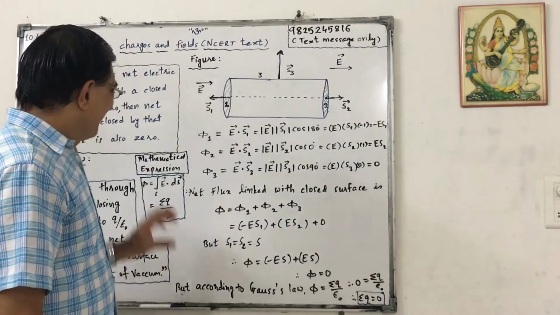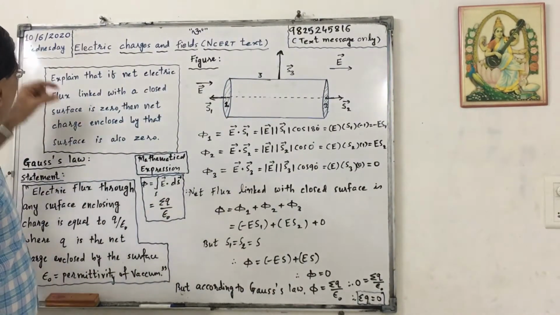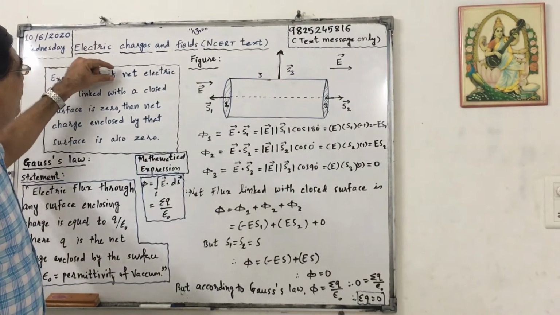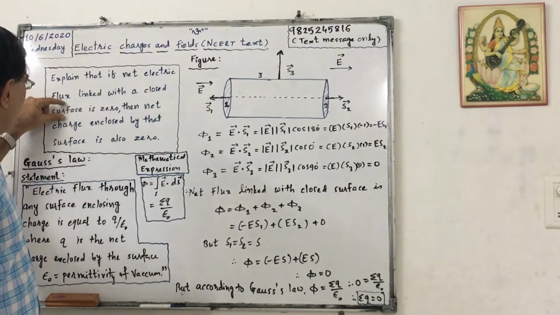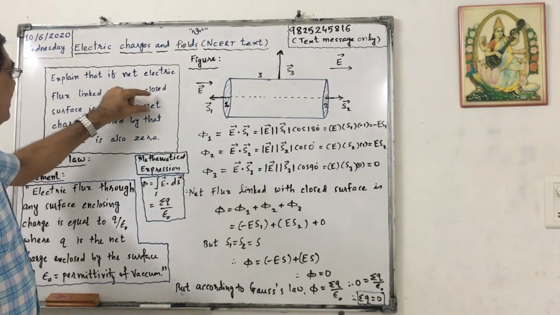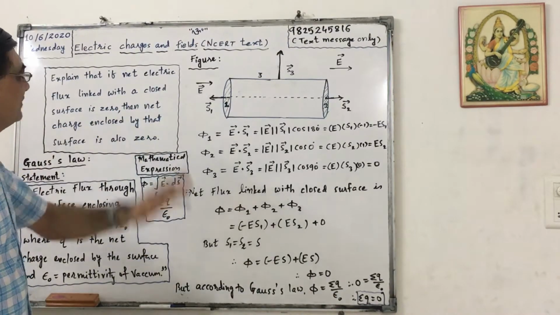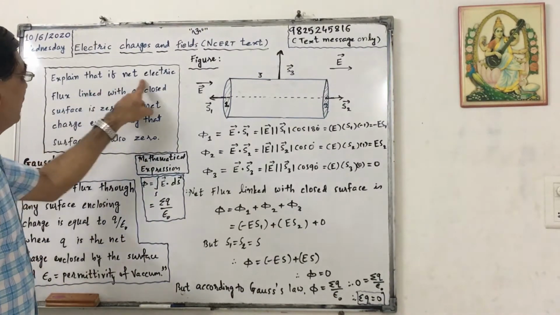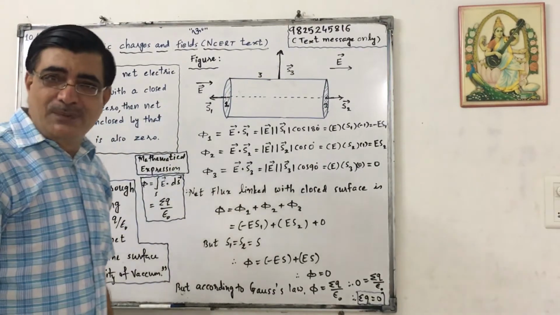Now this is today's question. Explain that if net electric flux linked with a closed surface is zero, then net charge enclosed by that surface is also zero. That we have to prove.